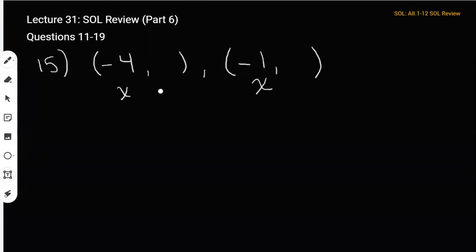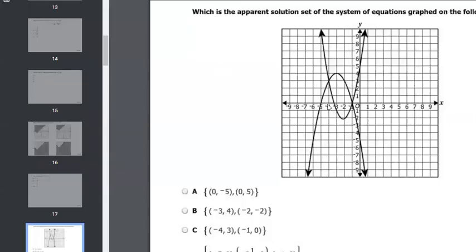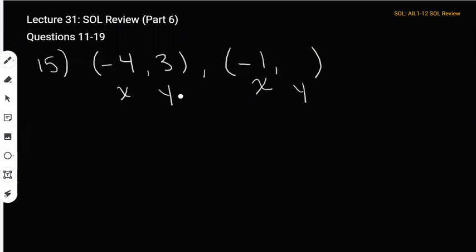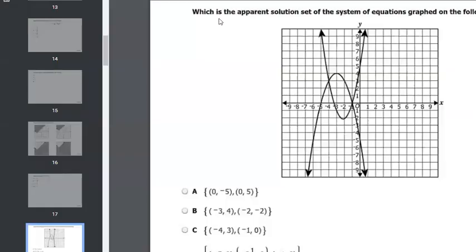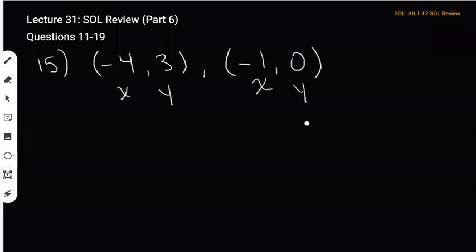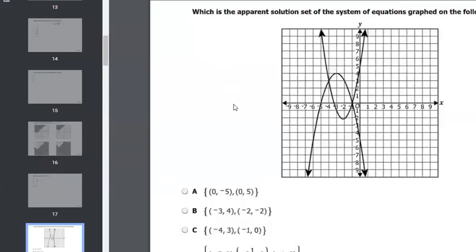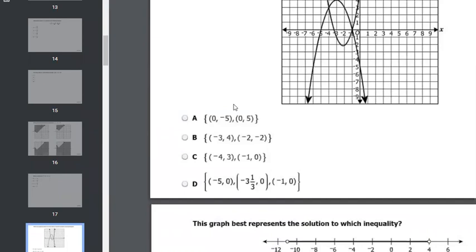They're the numbers that come first. And then for the -4, it would be 3. So +3 on the y-axis. And then for the -1, yep, 0 right here on the x-axis. That's going to be C.